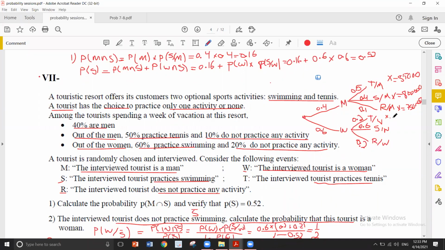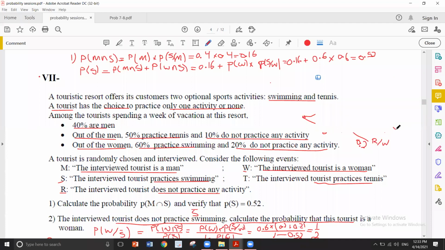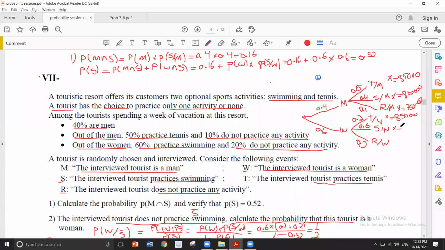Here X equals 850,000. Here X equals 800,000. Here X equals 750,000.